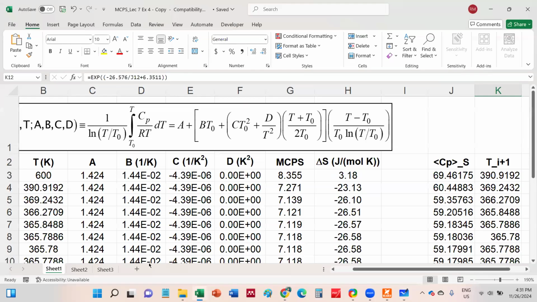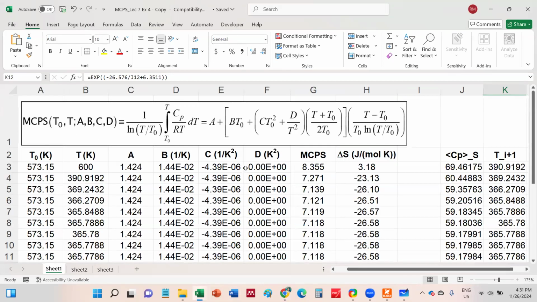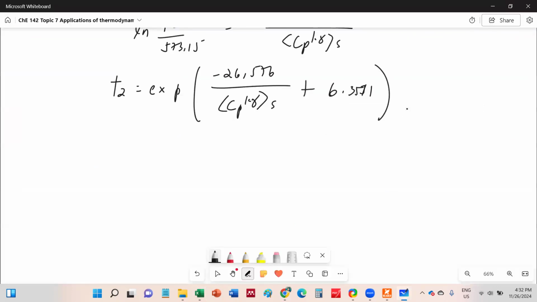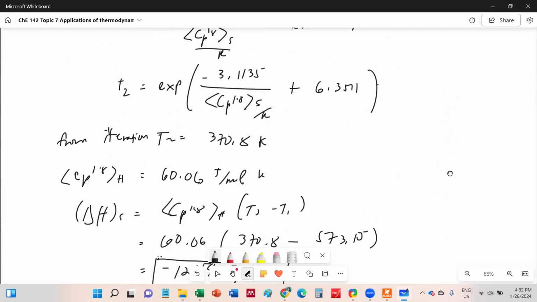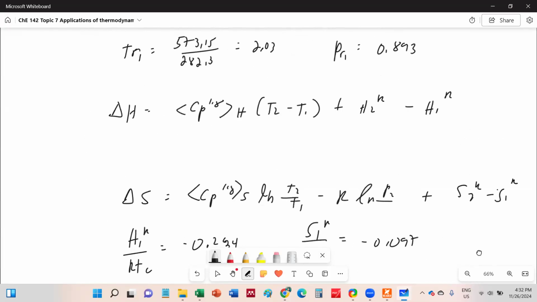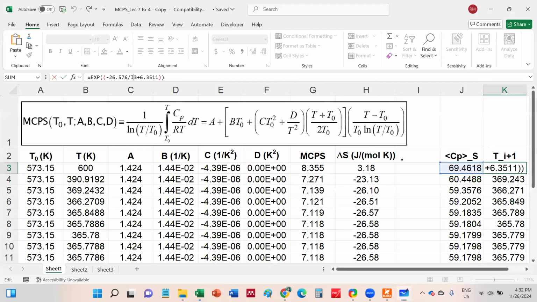But using the Excel sheet, this is what you will get. So careful. In the previous iteration, this is CP over R. So let me show you the formula. Previous iteration, the denominator here is CP over R. But after deriving, right now our denominator is CP over R. We already distributed R on both sides of the equation.